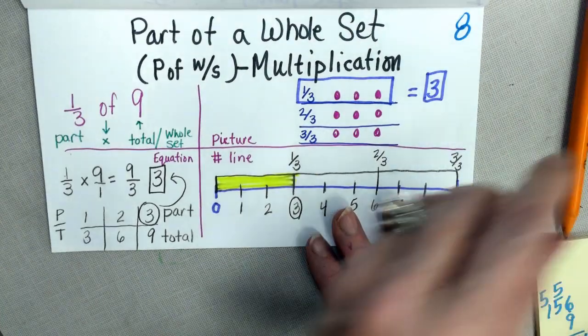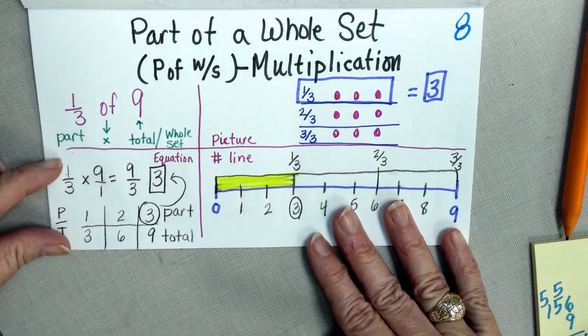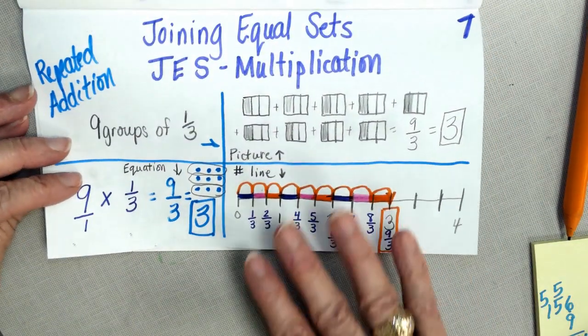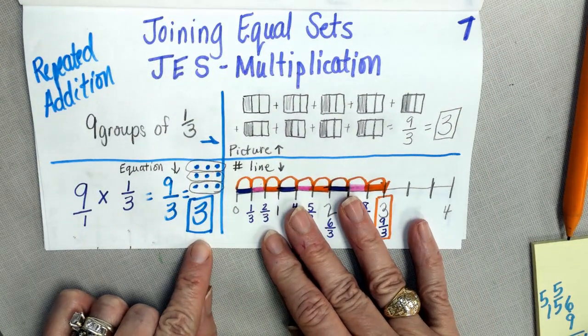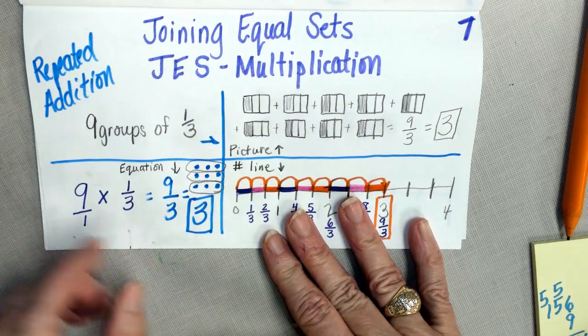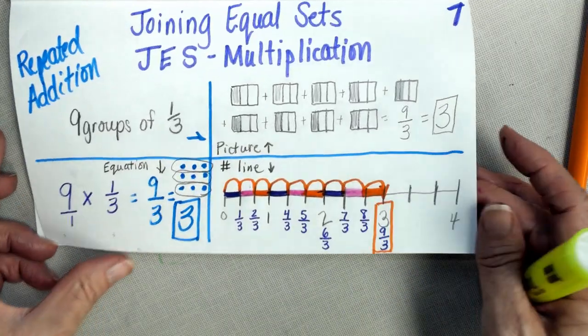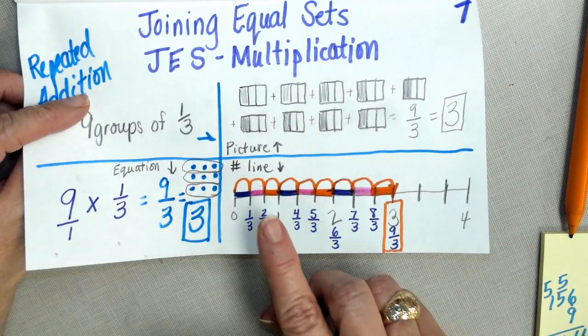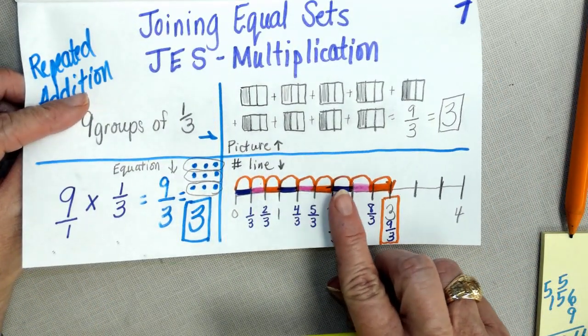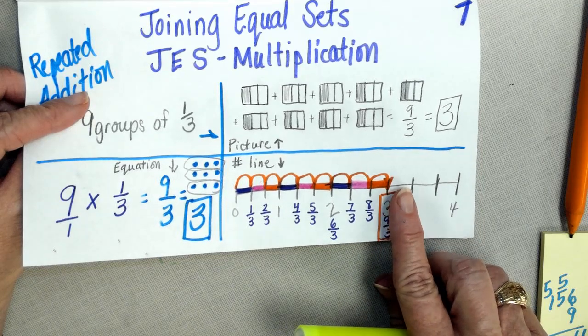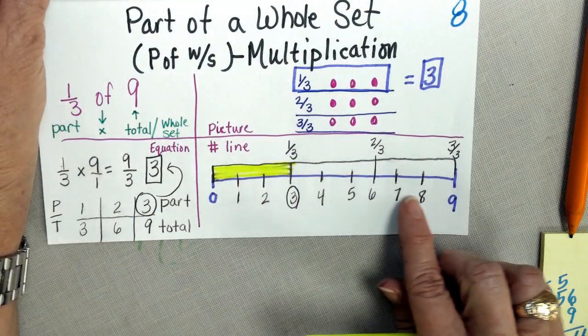Do a quick look. Look at your equation here and look at your equation here. Do you get the same answer? Yes. Look at your number line. What is the difference? This to me looks like repeated addition. And what does this look like?